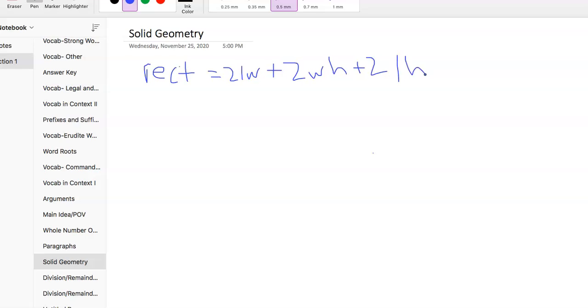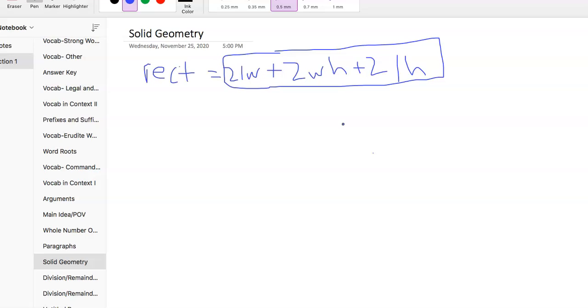Okay, now this one's actually easier to memorize than you might think, in that this whole formula is just 2 times, right, they're just taking 2 of the 3 variables. Your variables are length, width, and height, and each time they're taking two of those variables that haven't been connected before, and then just adding them together, and you always have a 2 in front of it, right? There's only 3 different ways you can combine them: length times width, width times height, length times height. That's all there is to it.